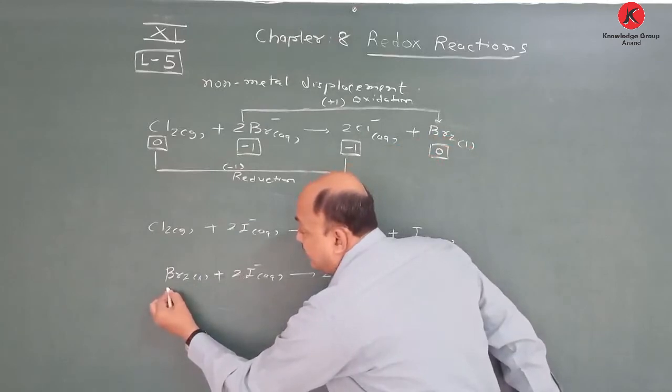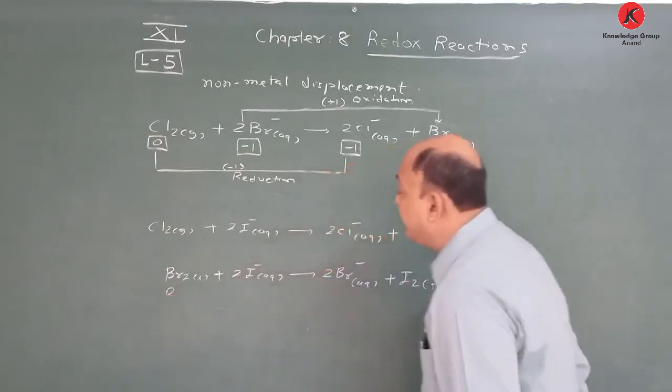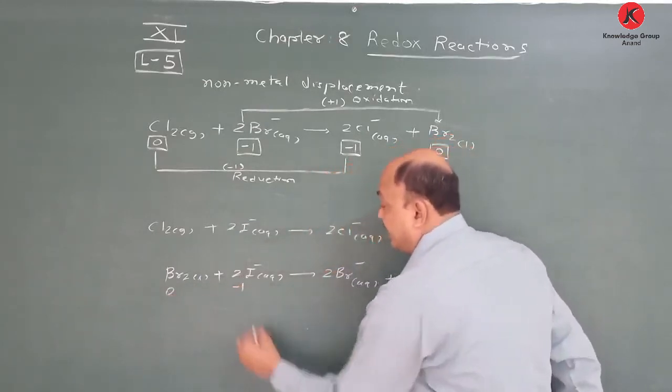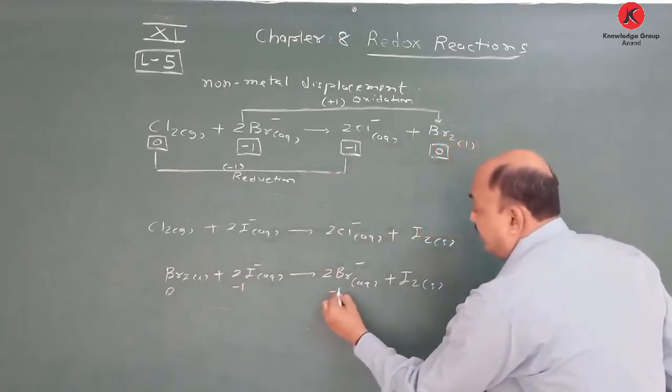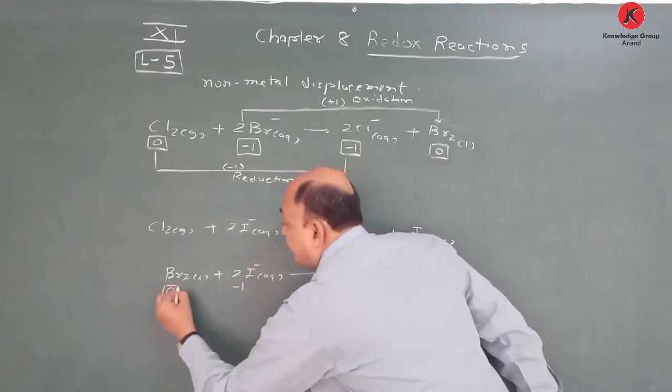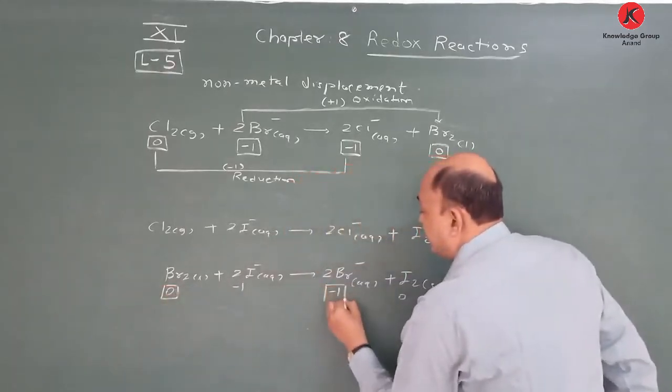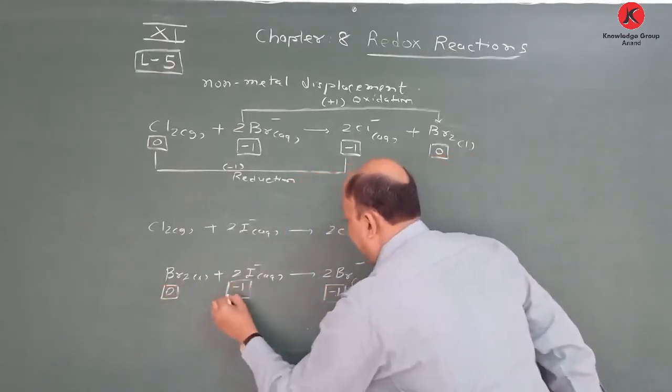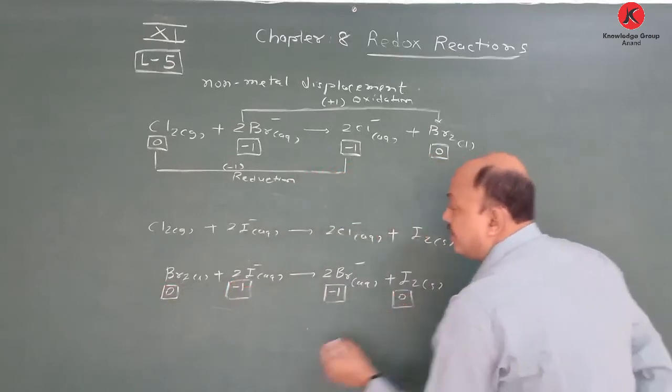Bromine is a non-metal, so Br2 is 0. Here I is considered as -1, here also -1, and here 0. So 0 to -1 and -1 to 0.